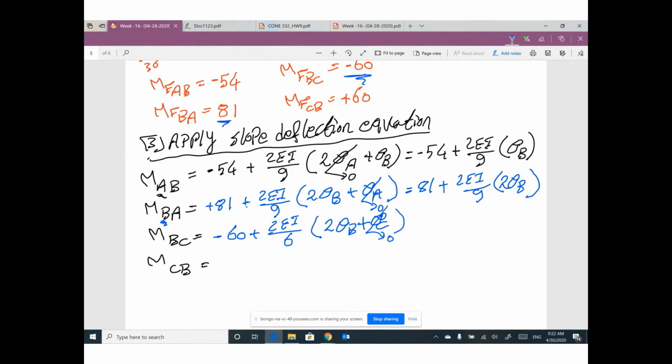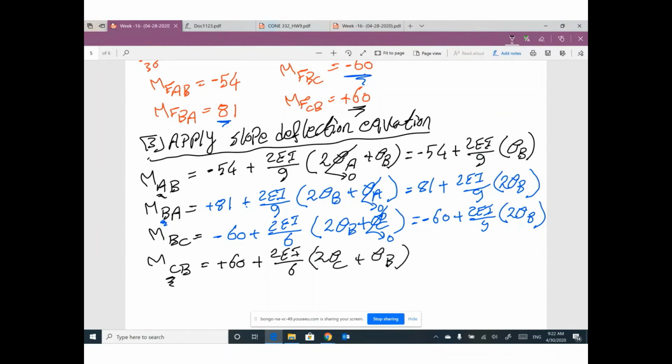So the final shape of this equation will be negative 60 plus 2EI divide 6 times 2 theta B. Finally, MCB will be M fixed CB, which is positive 60 plus 2EI divide 6 times 2 theta C plus theta B. The final shape of this equation will be positive 60 plus 2EI divide 6 times, with theta C is 0, plus theta B.